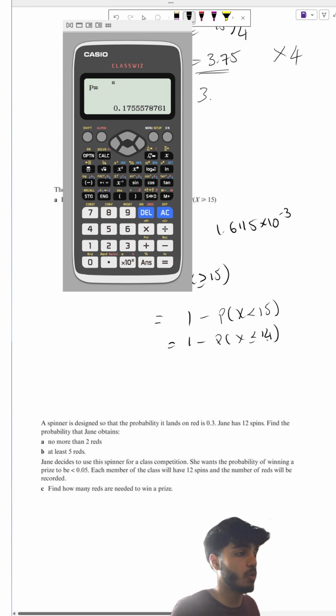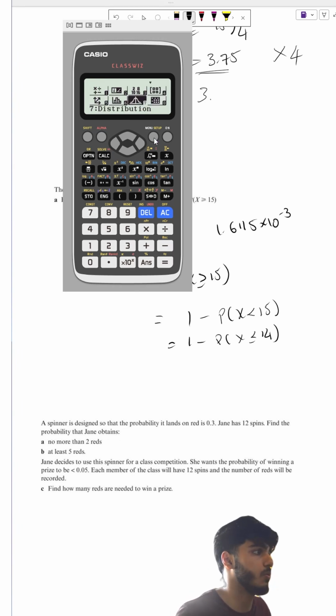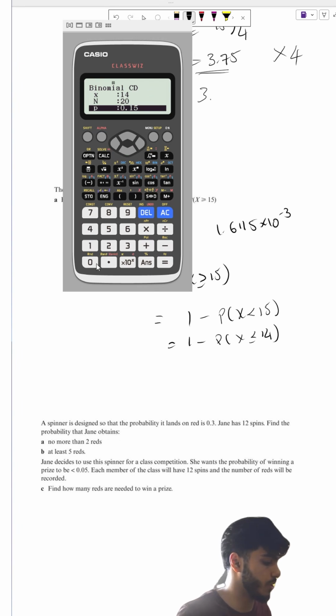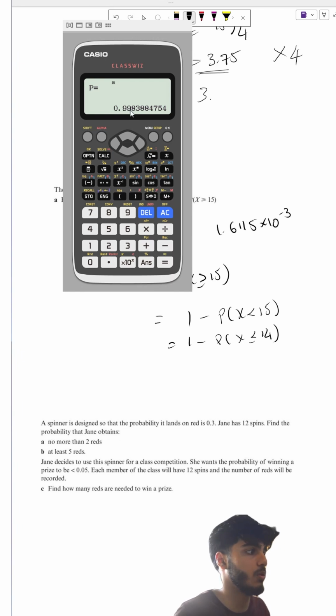Then I work out the probability of X less than or equal to 14. Let's bring that up. Like so, 14, that's 0.4. That gives me 0.998, and then I subtract from 1, and that should give me the same answer. But you can see you can start getting lots of inaccuracies, and it's a lot longer, and that's why I really recommend you do CG50.